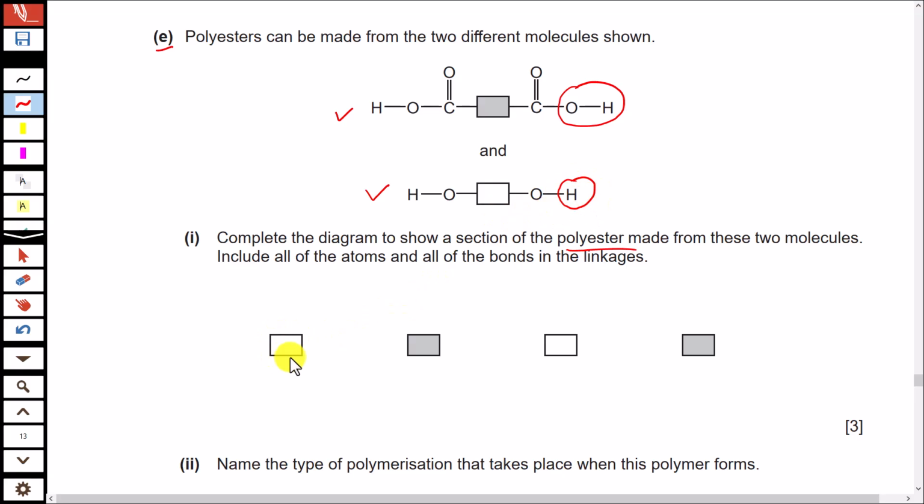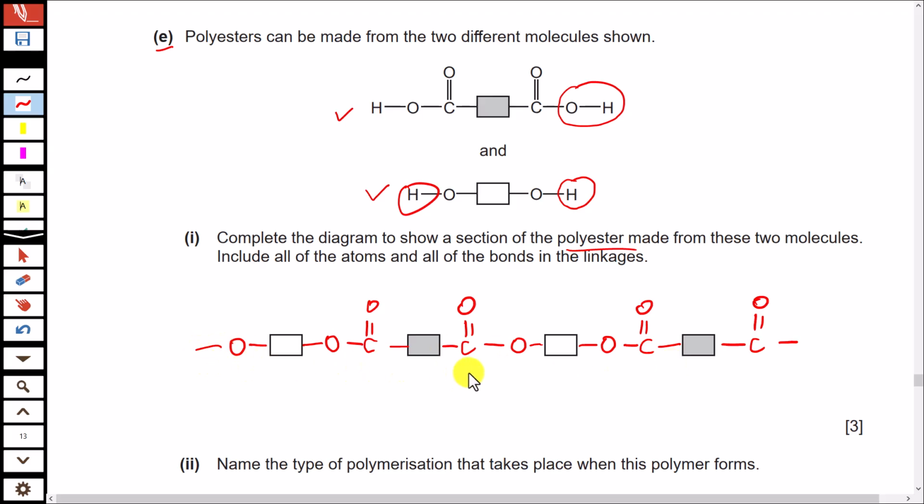So where there is a white box, you have to show oxygen atoms on both sides like this, and this gray box will have carbon double bond oxygen on both sides, and repeat this pattern again. This white box carries oxygen on both sides, and this box carries C double bond O and C double bond O, and the pattern continues. This is the structure, and it has this ester linkage. So you have to show the ester linkages, and these should be shown in the correct order.